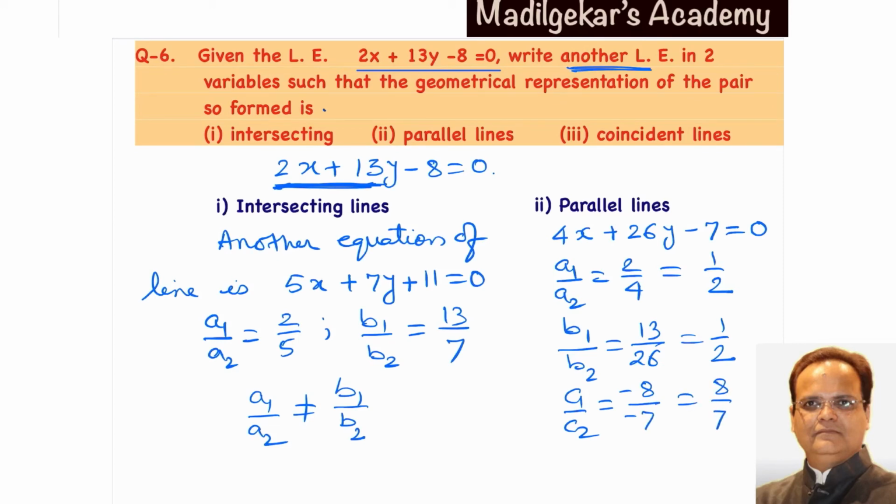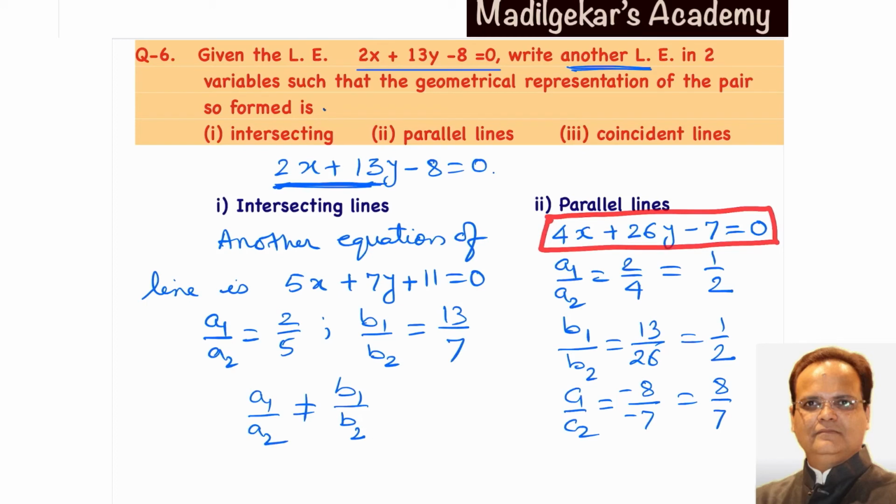So here a1 upon a2 is the same as b1 upon b2, but not equal to c1 upon c2. So this satisfies the condition of parallel lines. So the other equation of the line is 4x plus 26y minus 7 equals 0.